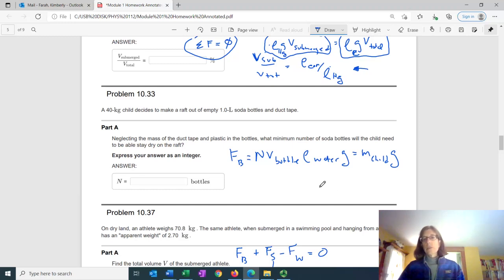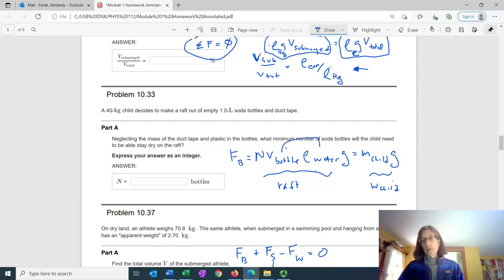All right, the next problem says that you're trying to make a raft out of an empty bottle. What's the minimum number of soda bottles that you're going to need to be able to stay dry on the raft? So basically, again, you want the buoyant force of the raft here to equal the weight of the child. So those two forces are equal. So again, looking at density, gravitational acceleration, and volume, you can find the buoyant force of the raft, which is just mass times G, right?